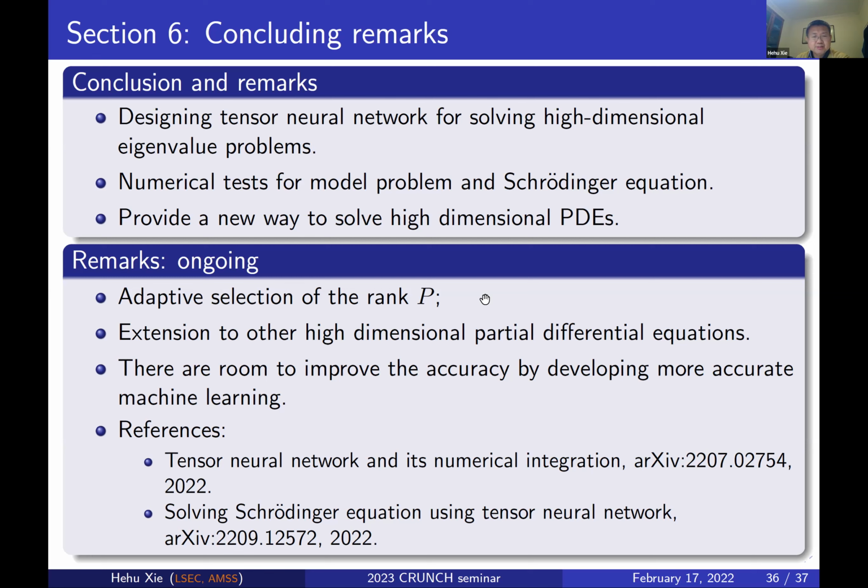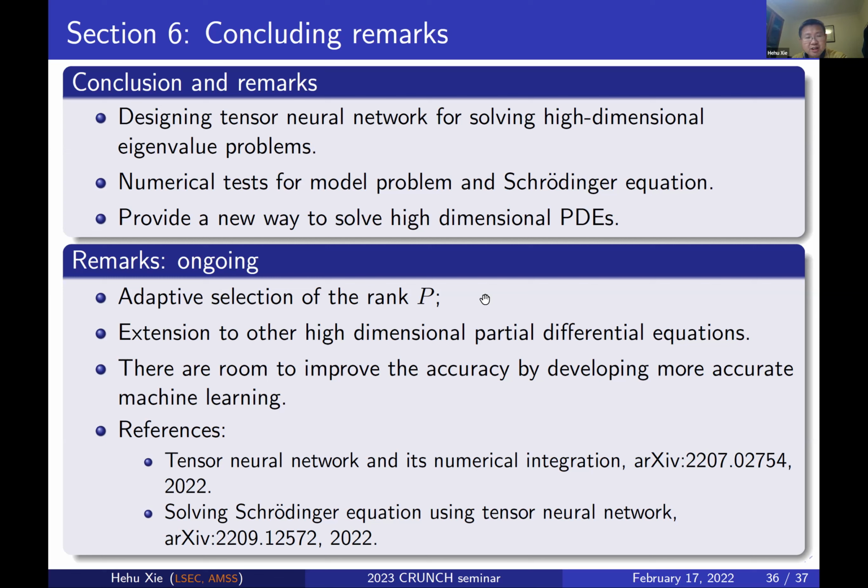From a numerical viewpoint, we can first compute with some length, and then check whether this length is enough or not. Then we can improve this length. But this is a numerical, practical implementation way.